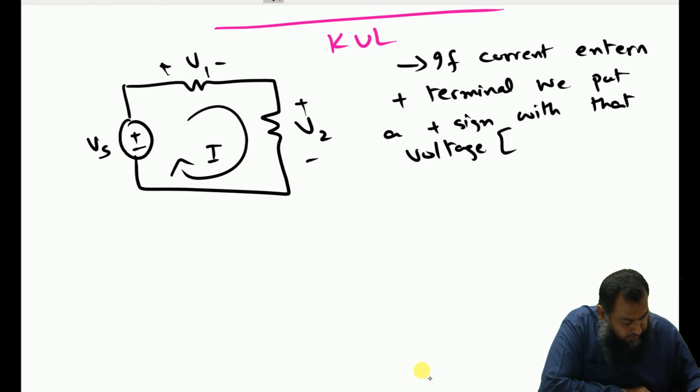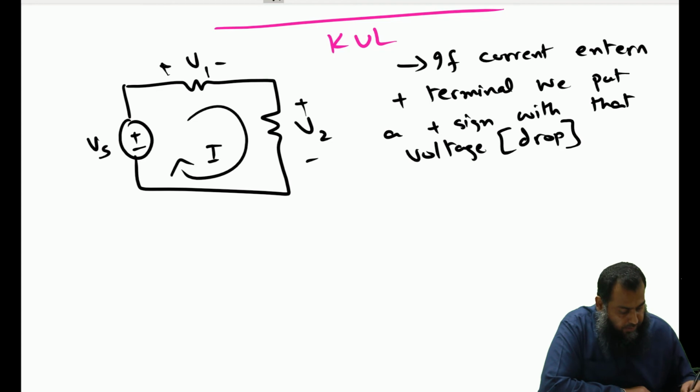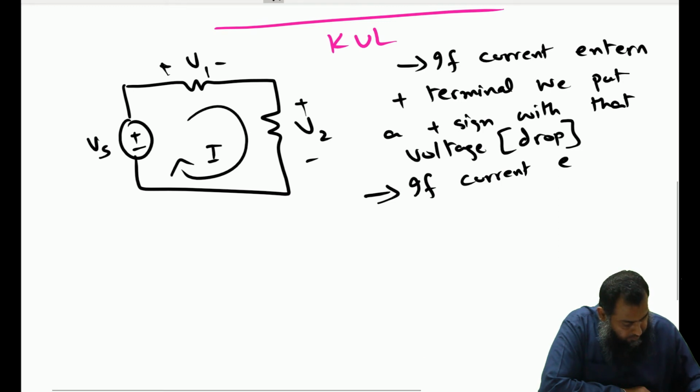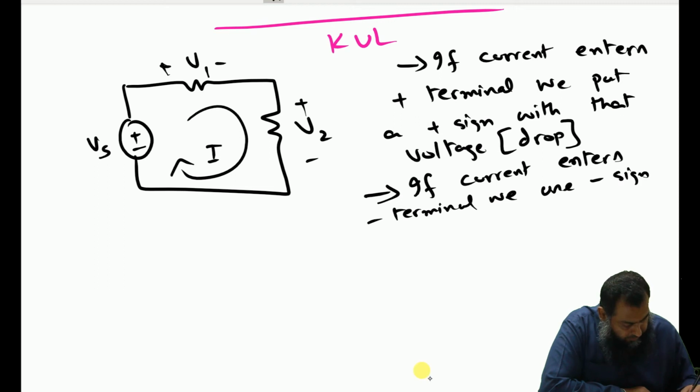And if the current enters the negative terminal, we use a negative sign and we call it a voltage rise.